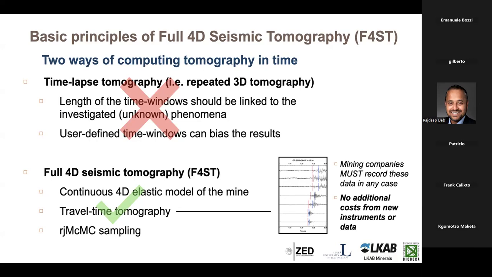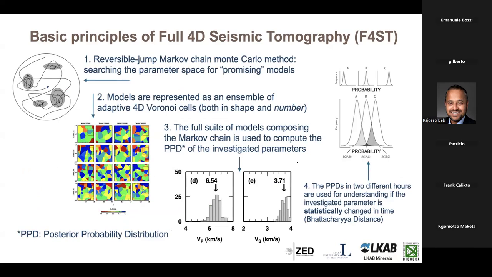Our approach is called reversible jump Markov chain Monte Carlo sampling. Let's see what it means. The reversible jump Markov chain Monte Carlo method searches the parameter space for promising models. The models are represented as an ensemble of adaptive 4D Voronoi cells. Both the number and the shape of the Voronoi cells adapt to the data, both in space and time. The full suite of models composing the Markov chain is used to compute the posterior probability distribution of the investigated parameter.